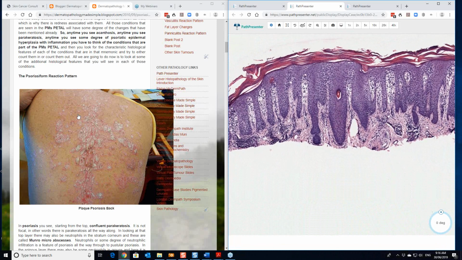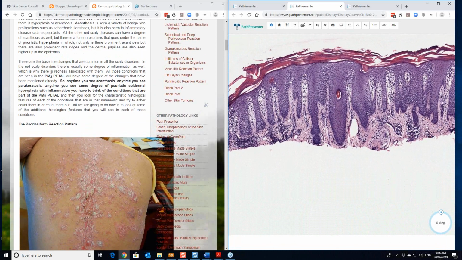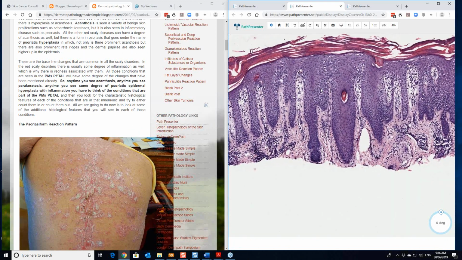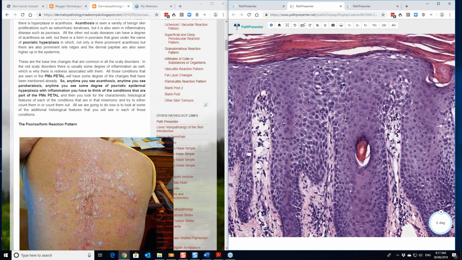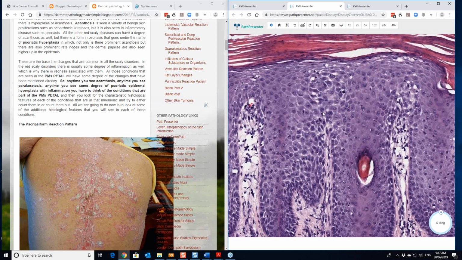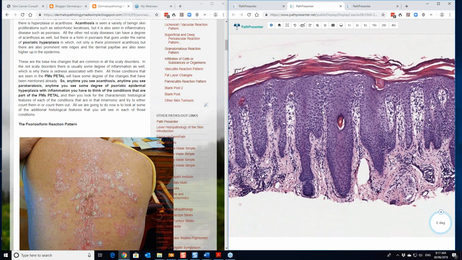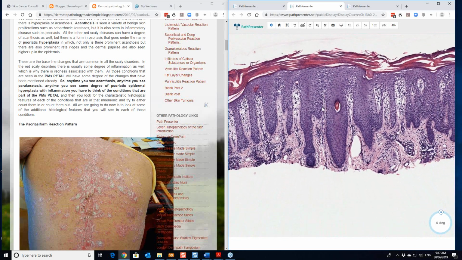Now, the other red scaly diseases, the other diseases that are part of the PM's pet: eczema. It'll have some degree of acanthosis, but the thing that eczema has is marked spongiosis, a lot of fluid separating the keratinocytes. Now, you might say that there's a small degree of spongiosis here, but that doesn't put you off making a diagnosis of psoriasis.